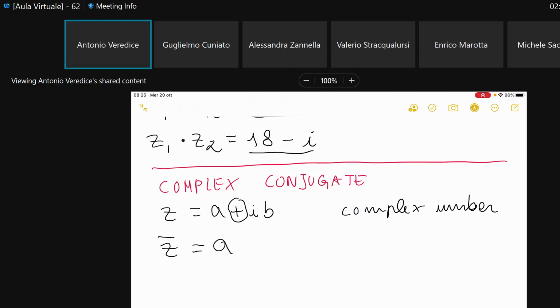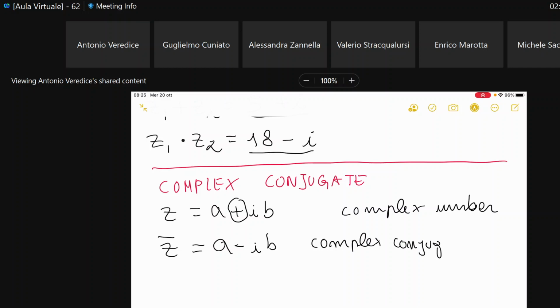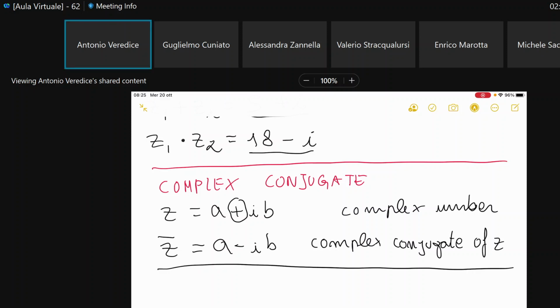So not A plus iB anymore, but A minus iB. This is the complex conjugate of Z. This number turns out to be very important in many applications.